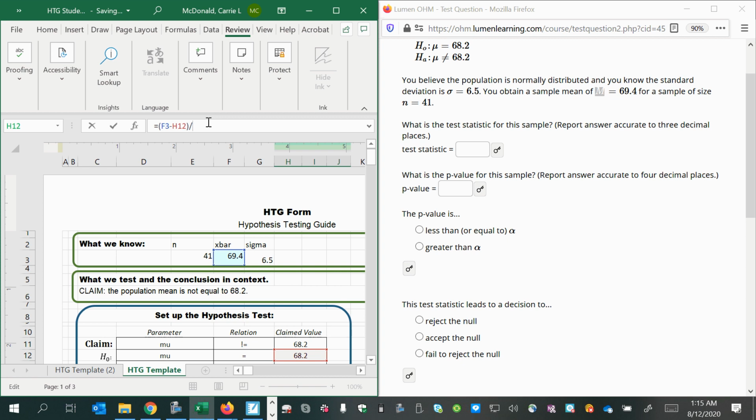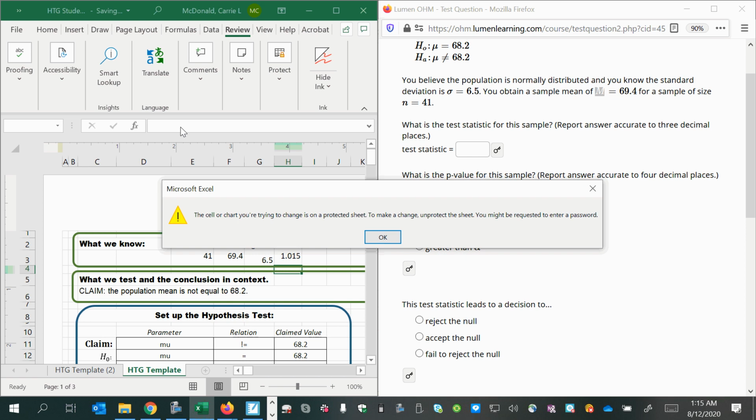The standard error can be calculated separately, or you can do it right there. I like to do it separately because then I don't have to worry so much about all the parentheses that I might need. So I'm going to do the standard error as sigma divided by the square root of n. This is where we're using the central limit theorem here, and n is 41.